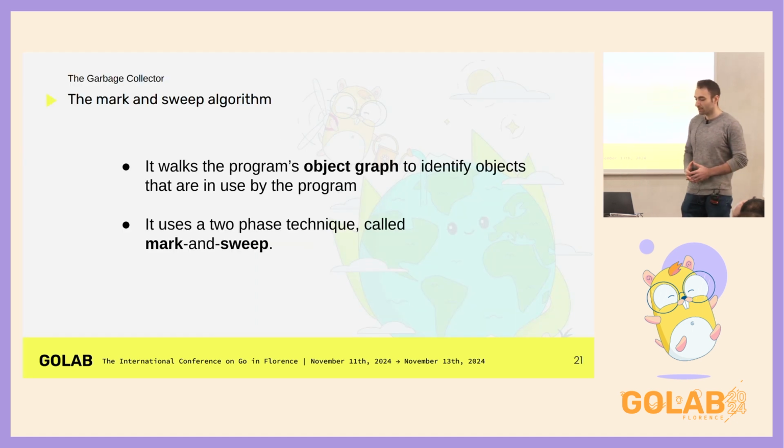So first of all, let's just recap how the garbage collector works in Golang. It basically uses a mark and sweep algorithm. That means that the process of reclaiming memory to the OS is split in two phases, which are mark and sweep.